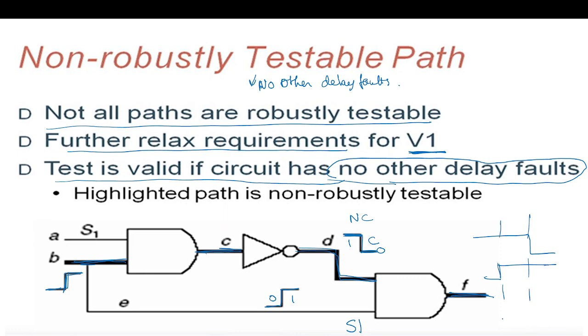So we have this one because of the delay. If we want to observe at this node, the output is 1. Here it is 0. Ideally, it should have been 1, and 1, 0, 1 and 1, 0. So this condition we have relaxed. So this highlighted path is non-robustly testable.